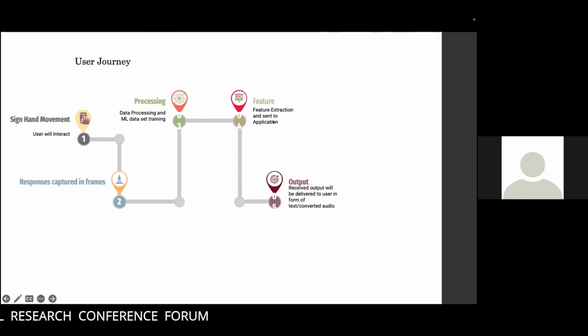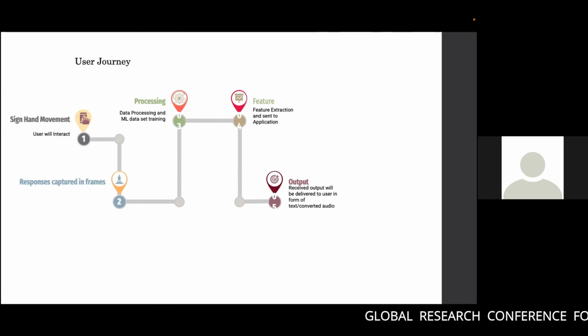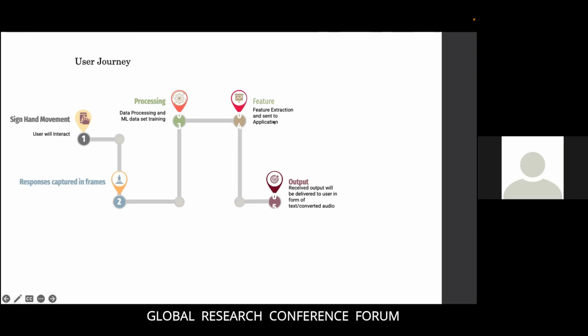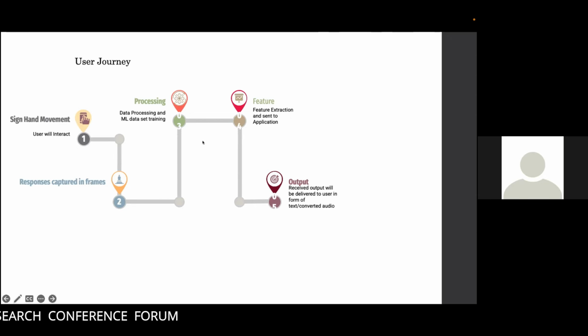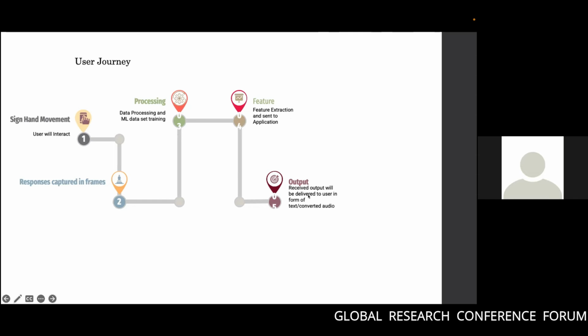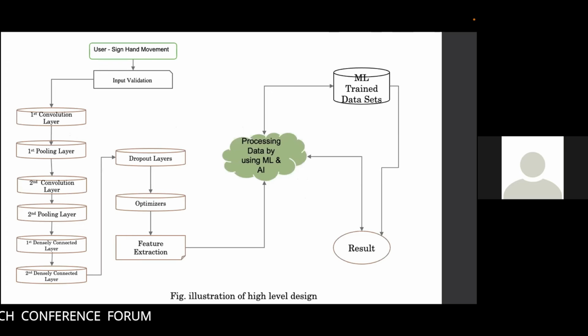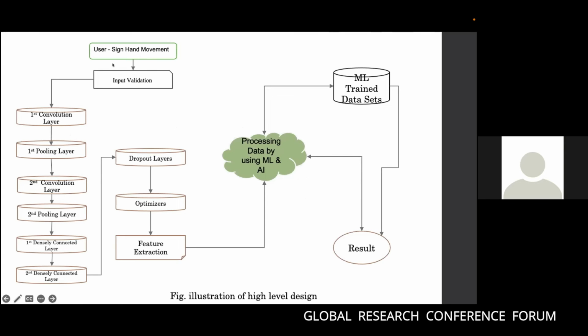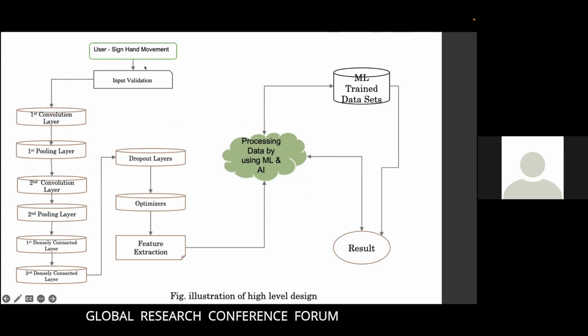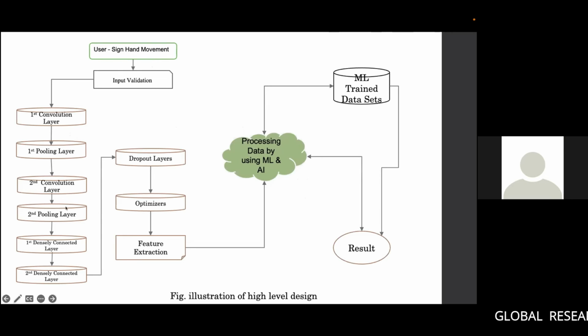Then our k-means, the bag of features, and also the CNN model will work after the processing from the ML, and they will process that and give us the output at the end of the journey. And this is the high level design that we have. First are the sign hand movements that we'll be getting. We will validate the input, and all of these are the CNN layers that we have to get the data.